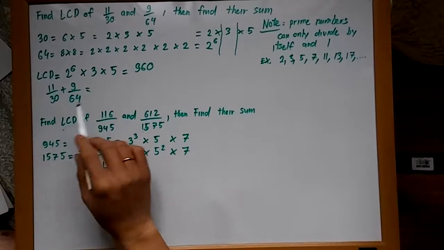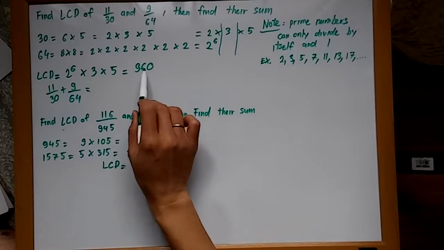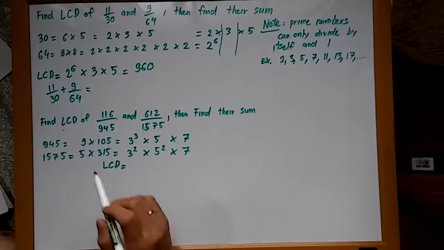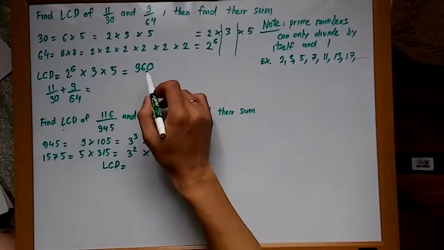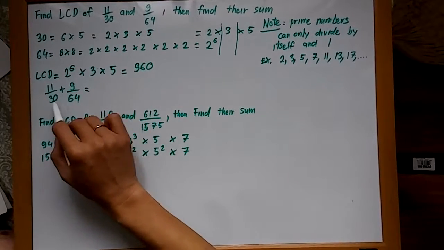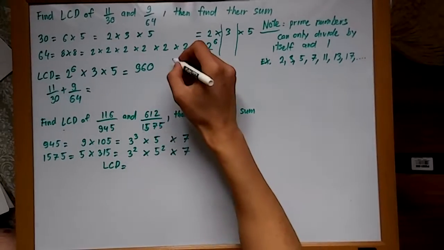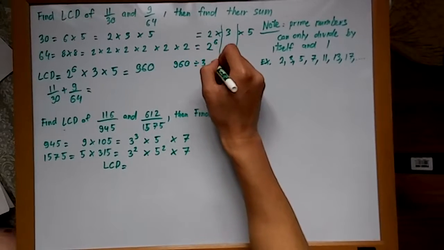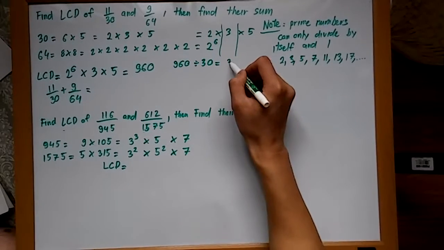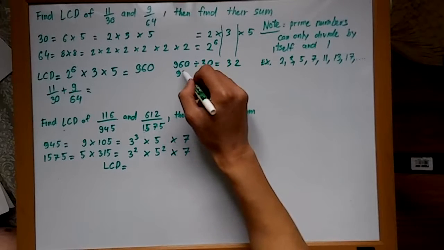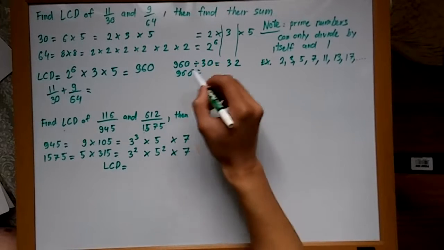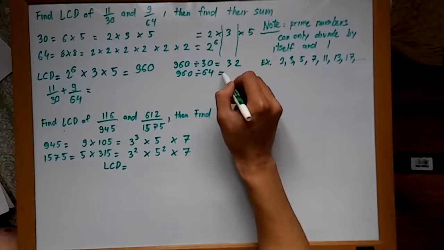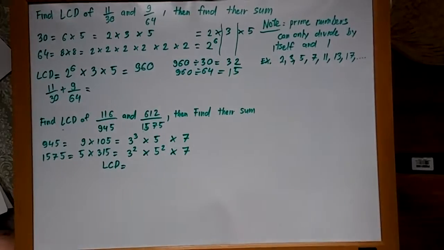So we must convert both of these fractions to have the same denominator, 960. So to do that, we must first divide 960 by both of these numbers to see their factor. So 960 divided by 30 is equal to 32. 960 divided by 64 is equal to 15.